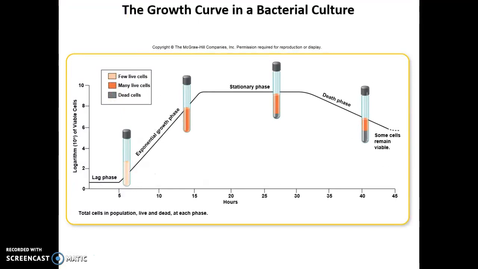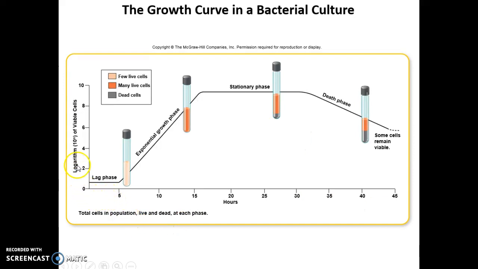Now, this figure, I think I mentioned maybe in section 1 when we were looking at the objectives, is one of my favorite figures in microbiology. This is the growth curve in a bacteria culture. So you have 4 main stages of growth in the bacteria culture.